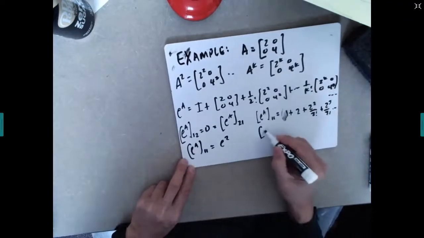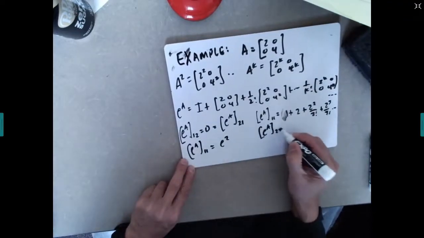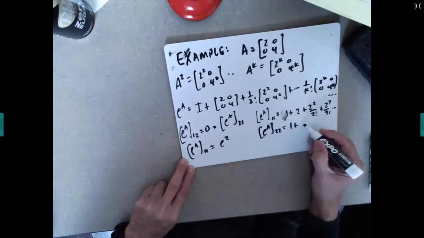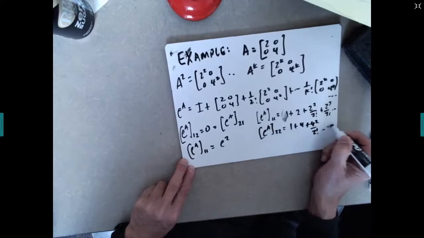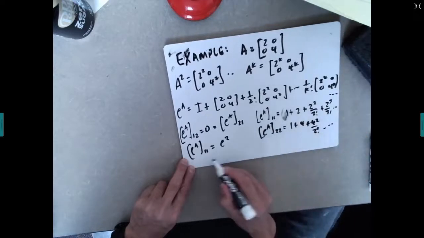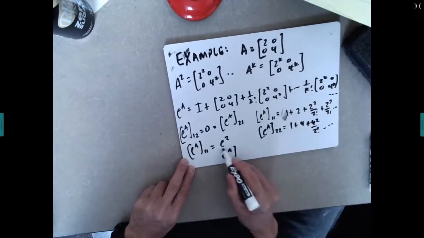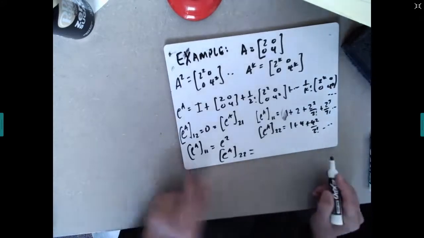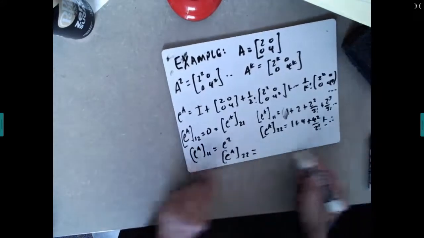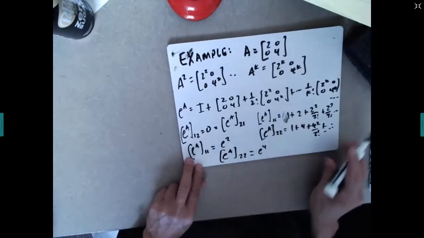And similarly, 1 plus 4 plus 4 squared over 2 factorial, etc., because it goes on, that's just e to the 4. Okay?